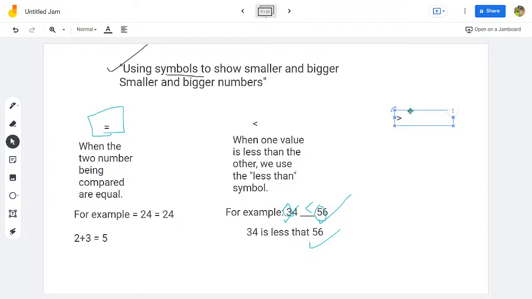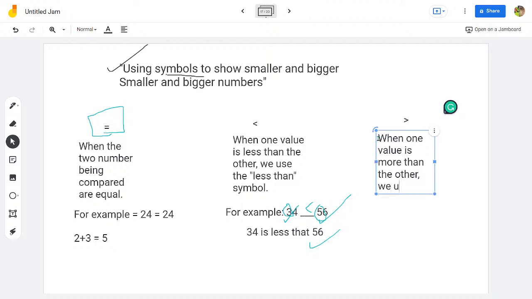It looks quite similar to the less than symbol, just its mouth is open towards the bigger side this time. So when one value is more than the other, we use the more than symbol.